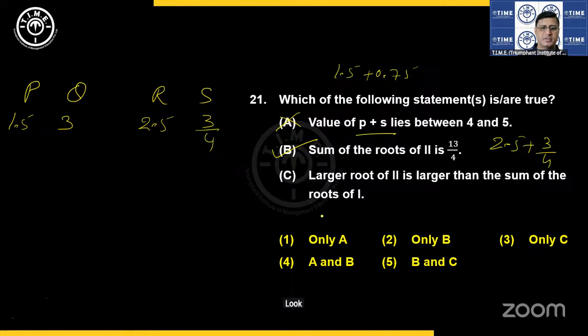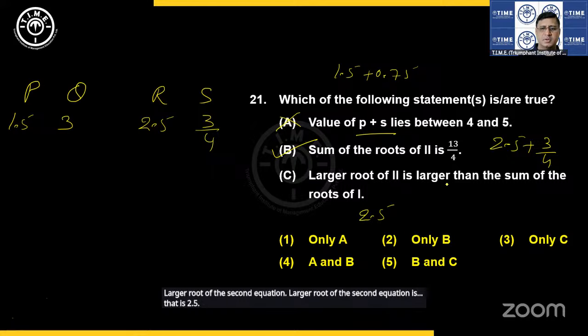Look at the next one. C: the larger root of the second equation is larger than the sum of the roots of the first equation. The larger root of the second equation is 2.5.